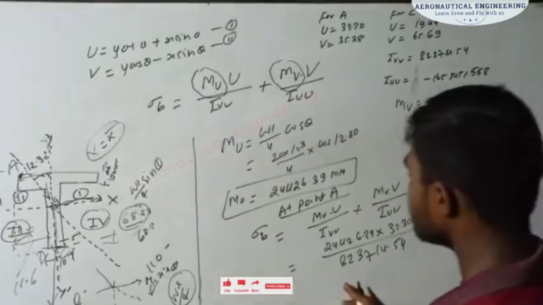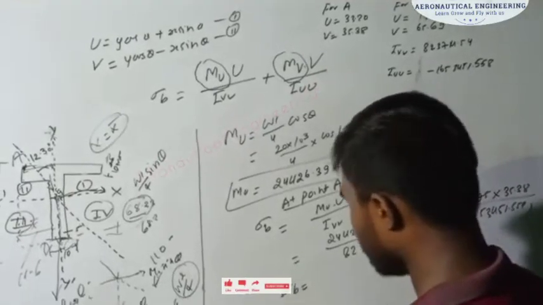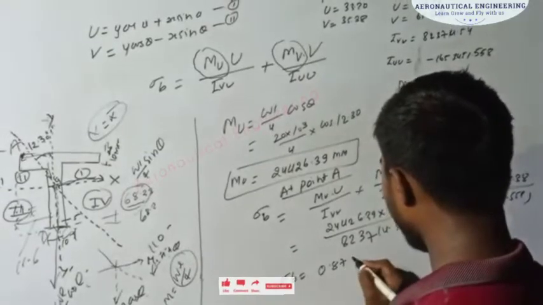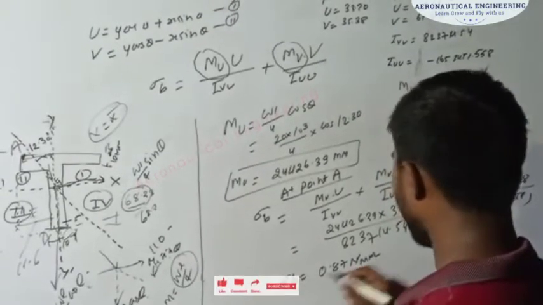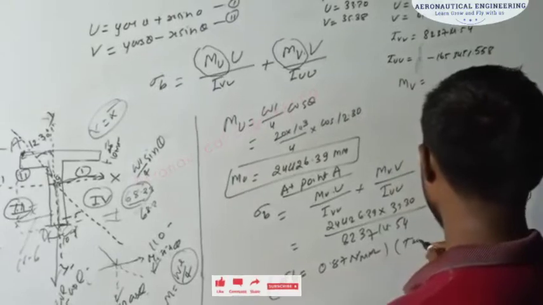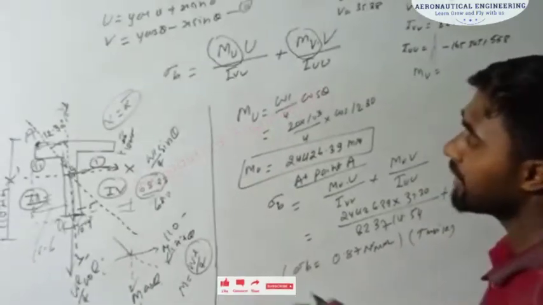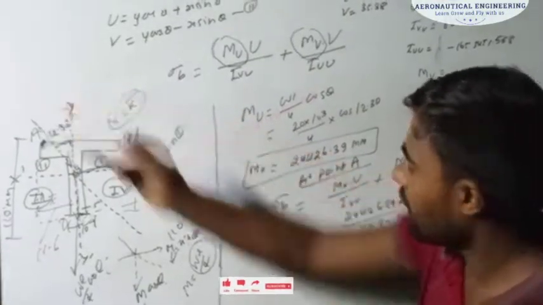After calculating this, we get sigma b equal to 0.87 Newton per mm square. This one is tensile. So this one is the maximum tensile bending stress at corner A.